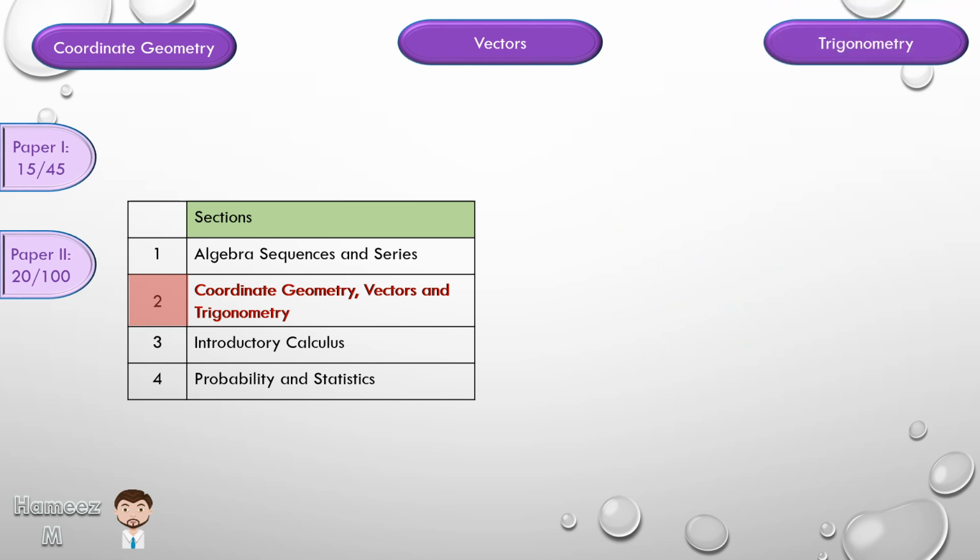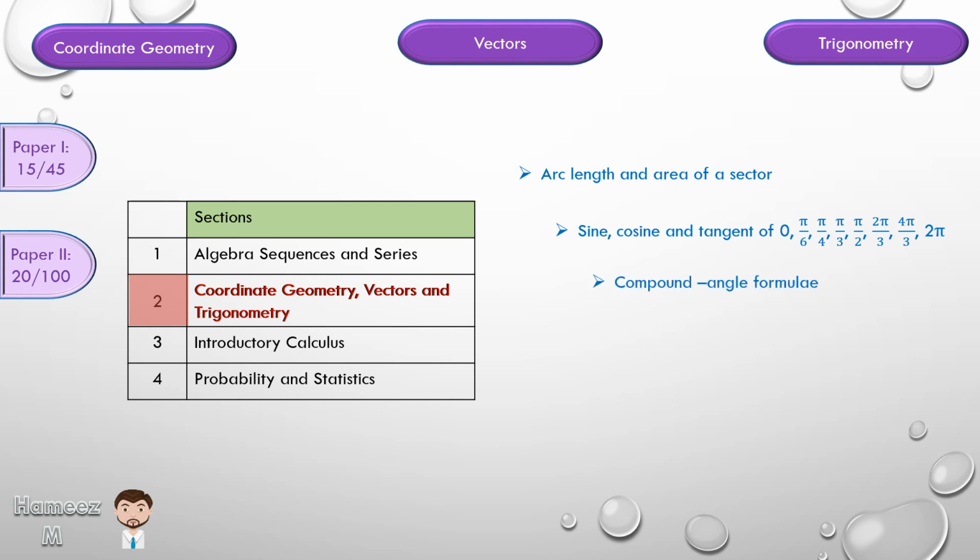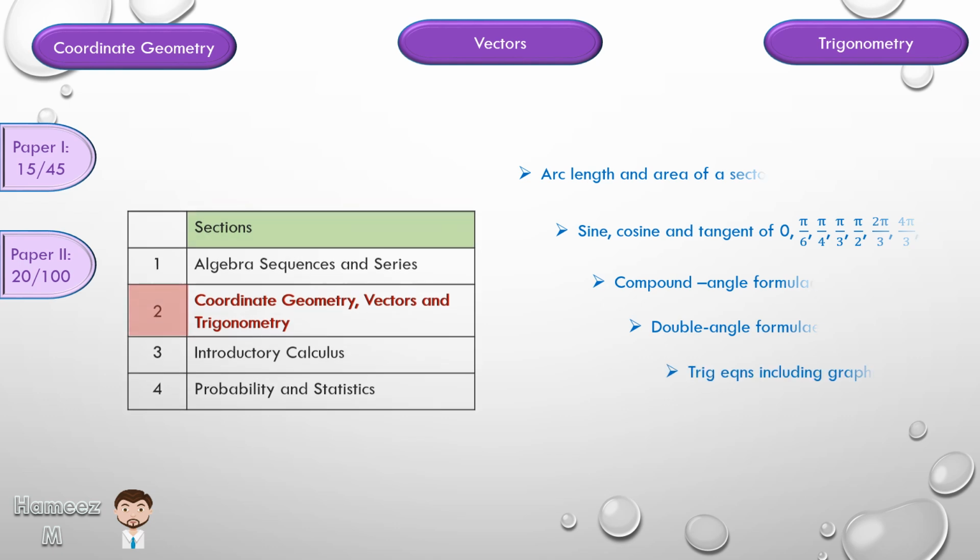In trigonometry, this is broken up into finding the arc length and areas of a sector, sine, cosine, and tangent ratios of the angles 0, pi on 6, pi on 4, pi on 3, pi on 2, 2 pi on 3, 4 pi on 3, and 2 pi. Compound angle formulae, double angle formulae, trigonometric equations including graphs.